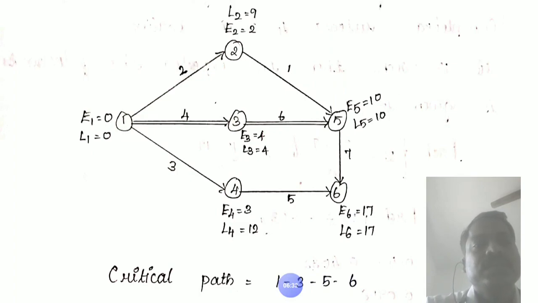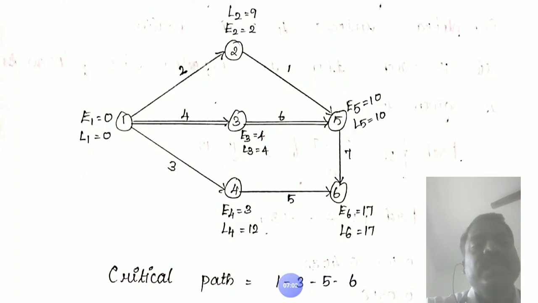There is no predecessor, therefore they start at the same time, but the durations are 2, 4 and 3. Then the duration of activity 2 to 5 is 1, 3 to 5 is 6, 4 to 6 is 5. Then the last one, activity 5 to 6, is 7.